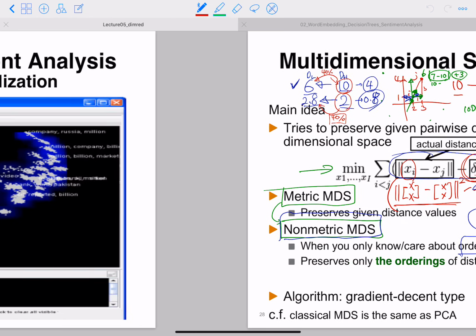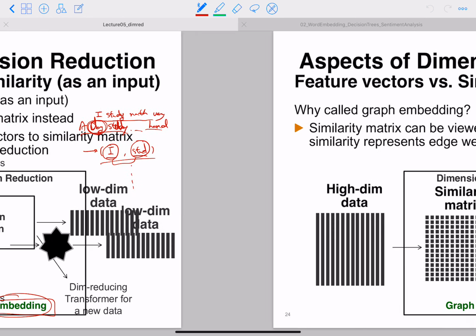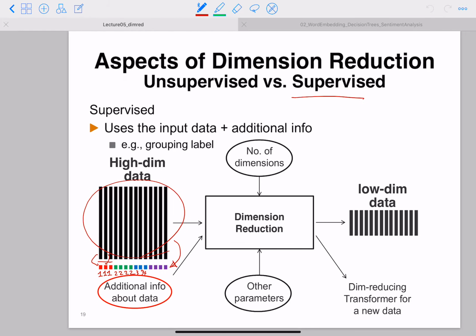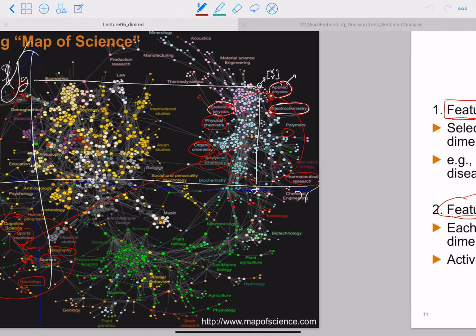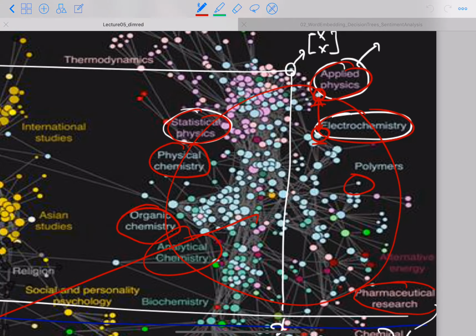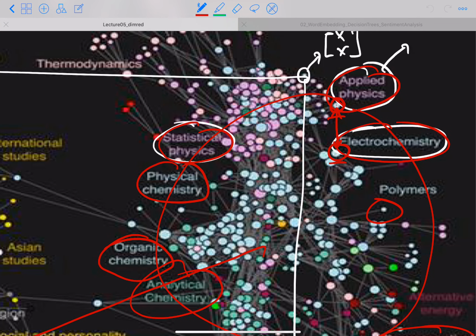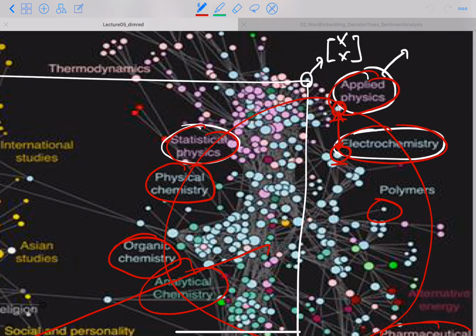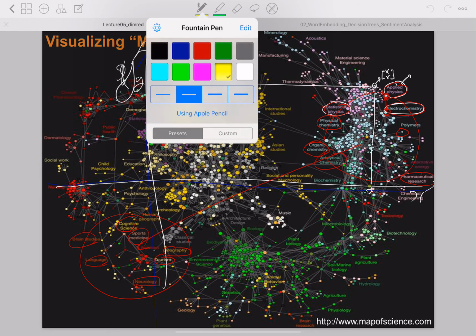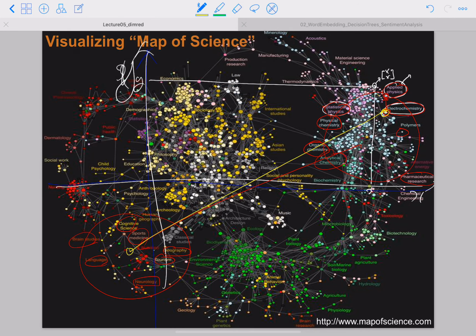So what's the effect of it? Back to this figure. The main intuition behind the Sammon mapping is that it is more important to preserve the local relationship rather than the global relationship. Suppose the distance between this point and that point is around 10, and we put this point over here or over here or over here.